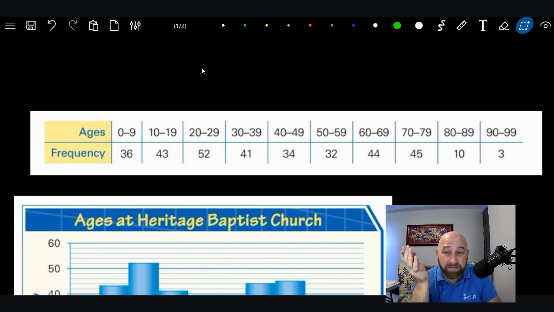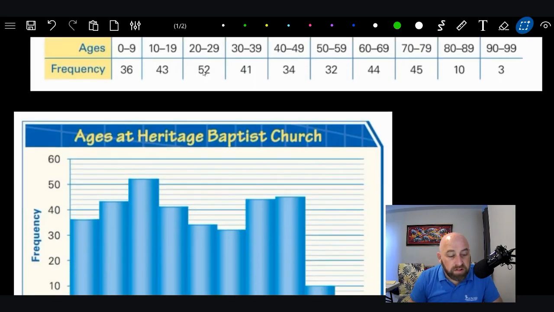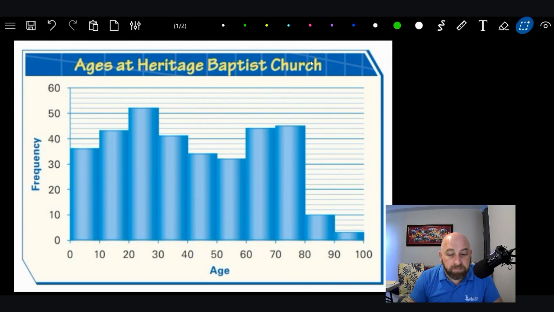So we would have 52 leaves. A lot of data. It would be a little confusing looking at a stem and leaf. It could give you some good information, but this would be a lot for a stem and a leaf. So that's why we're going to use this histogram here.